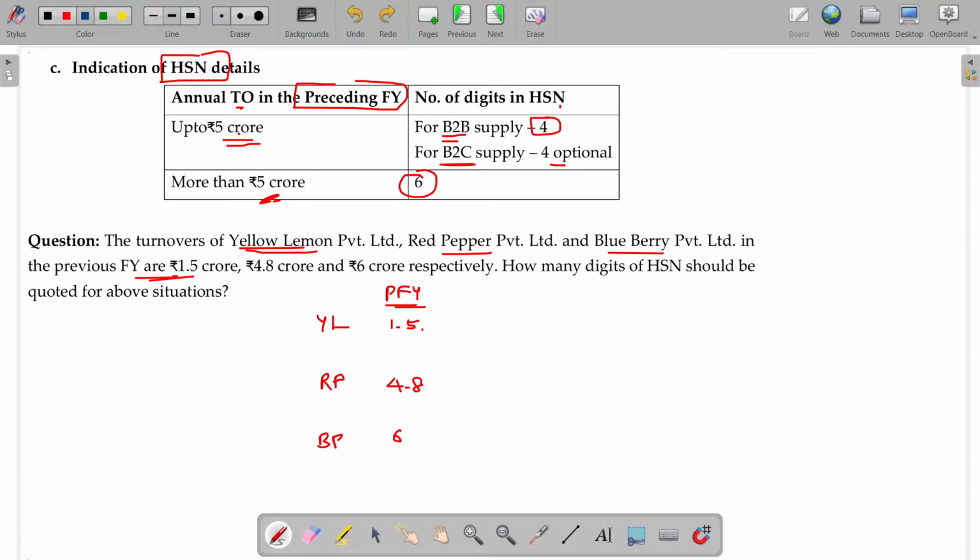In the first scenario, if it is B2B, 4 digits; B2C optional. In the second case, B2B 4 digits, B2C 4 digits optional. In the last case, B2B, B2C, 6 digits must. Clear?